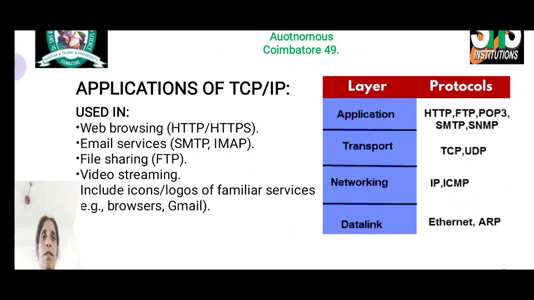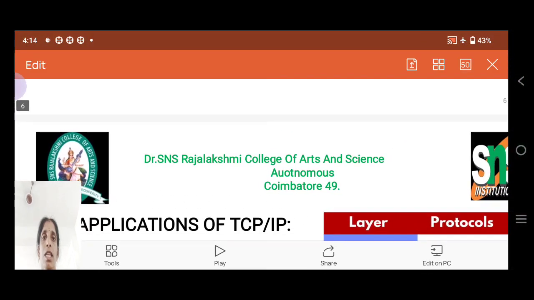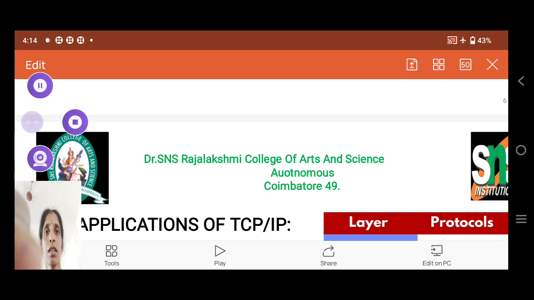There exist a lot of applications of TCP and IP. The best examples are web browsing, email services, file transferring, and video streaming, including familiar services, for example, browsing, mail communication, etc. Thank you.